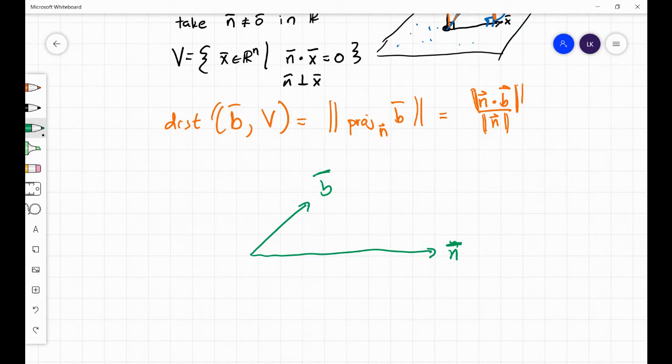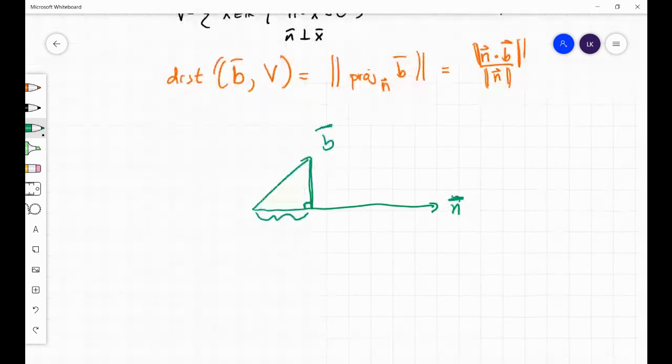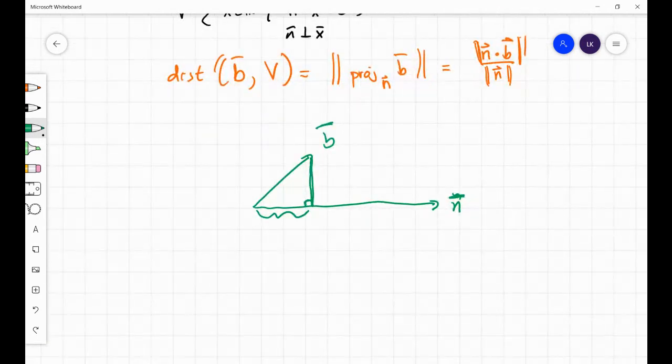So you want to find the length of this side of a right triangle. And so if you have this right triangle, let's say the angle between position vector B and normal vector is theta.